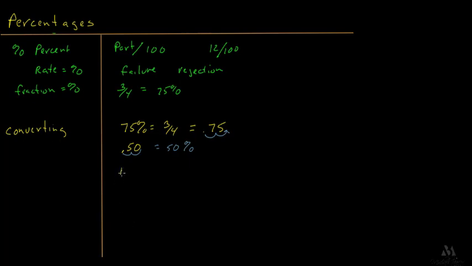If we have 125%, we move the decimal place over 2 places, 1, 2, and that's going to equal 1.25. So we can convert from decimal numbers to percentages simply by moving the decimal point.